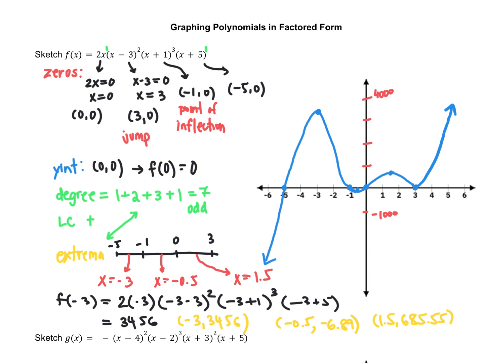Then, just for a bit of accuracy, we found some extrema, whether they were local or absolute. In this case, when we look at the big picture, because of these opposite end behaviors, because it's an odd function, we're not going to have any absolute max and mins. So we found some local max and mins, and then we were able to put it all together with this sketch. So let's try another one.